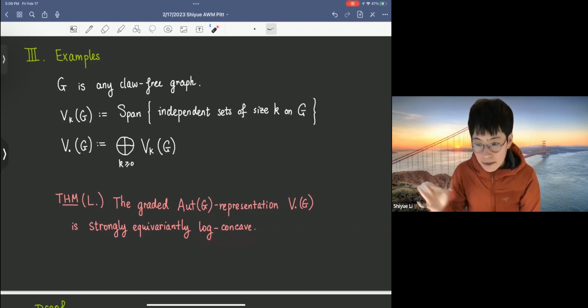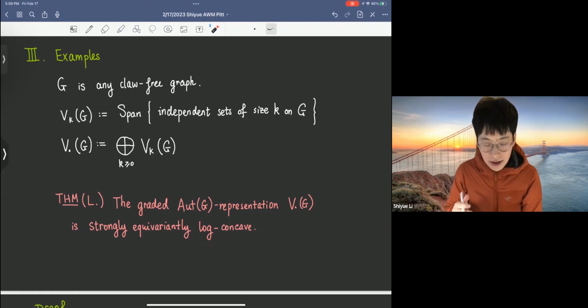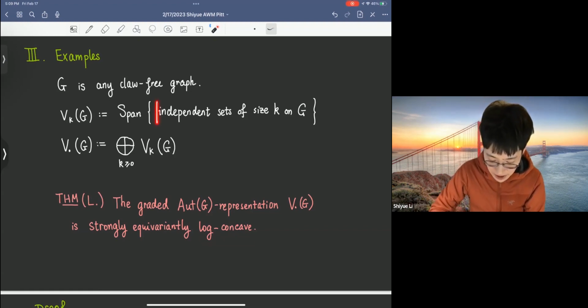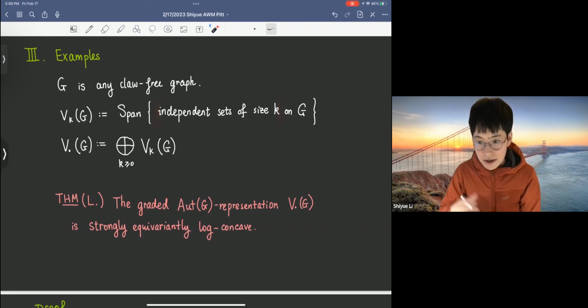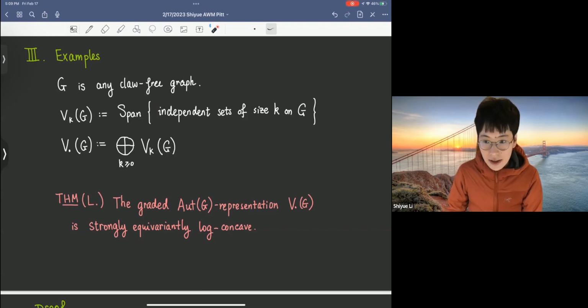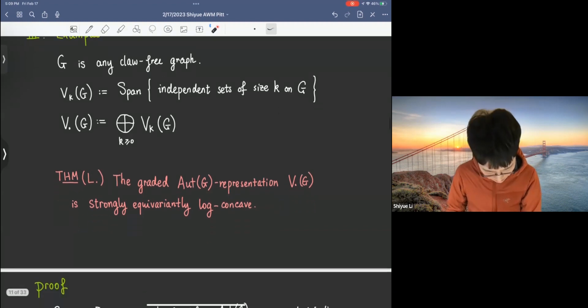So now if you take the dimensions, you automatically recover the fact that the cardinalities of these independent sets of size K is log concave. So that gives a new proof of the result by Chudnovsky and Seymour in the 70s, for example.